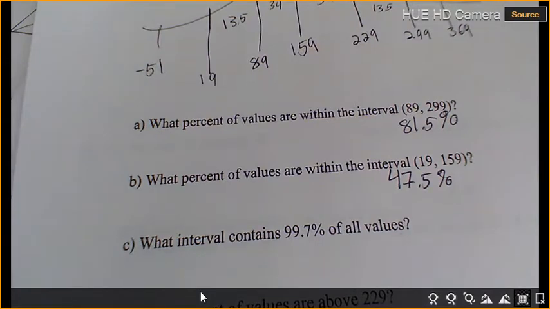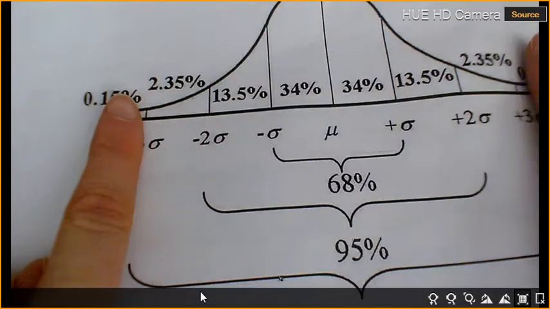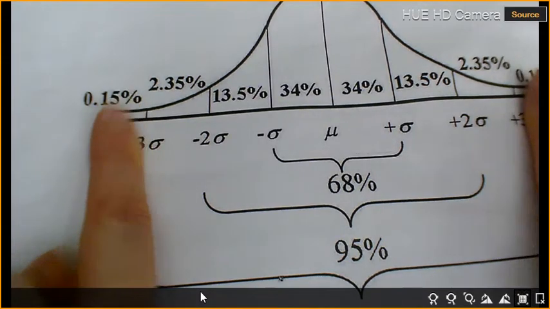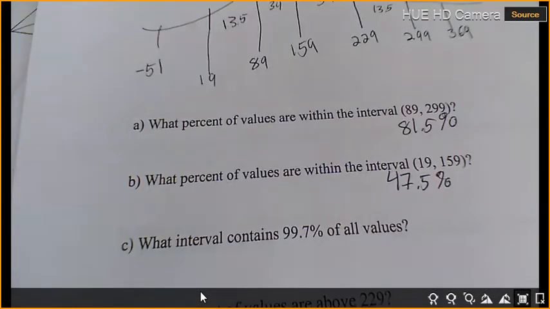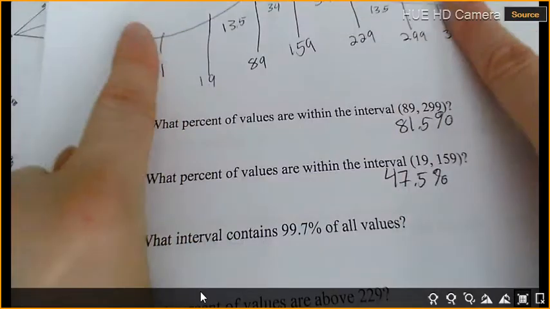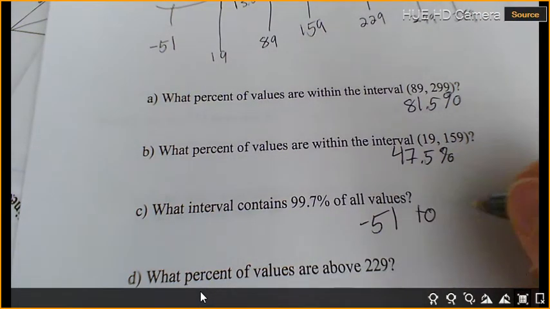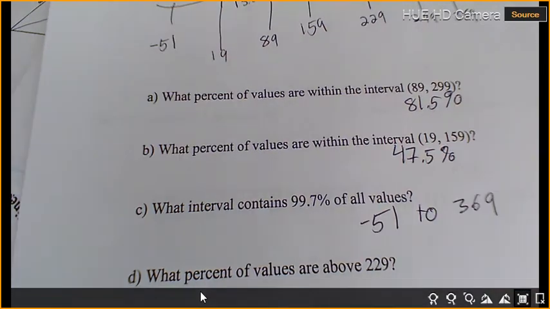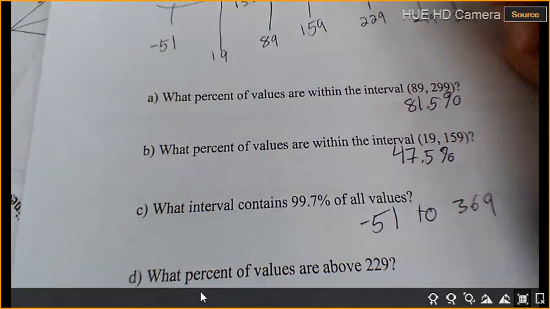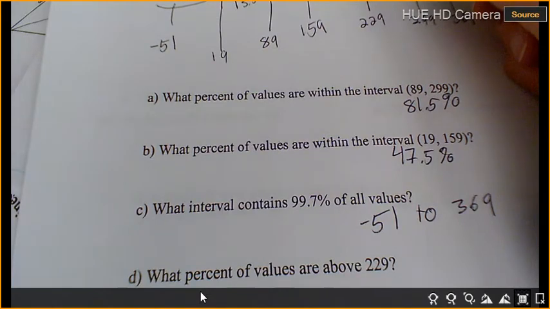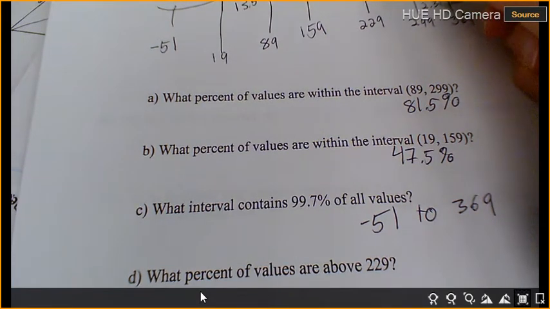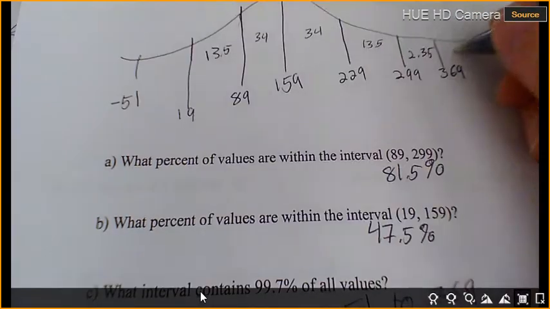All right. Now, remember, 99.7% is between the third standard deviation. So it's negative 51 to 369. Okay? We know that this is 2.35 up here, and this is 0.15.